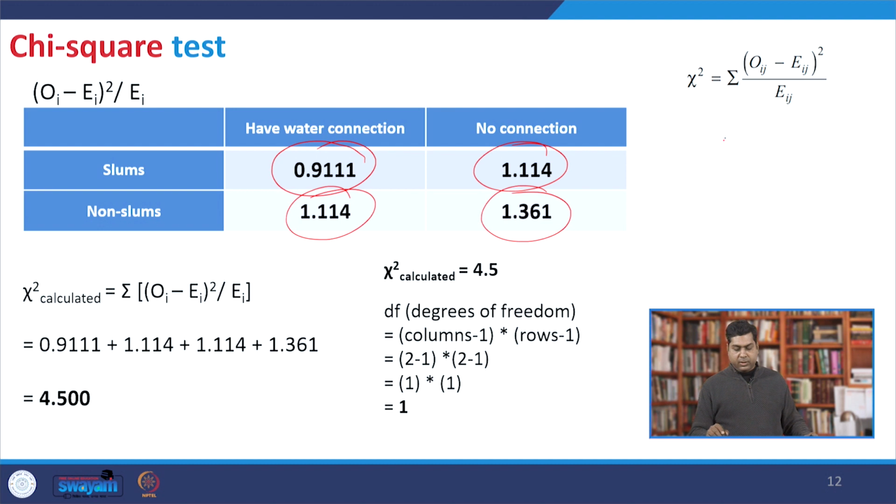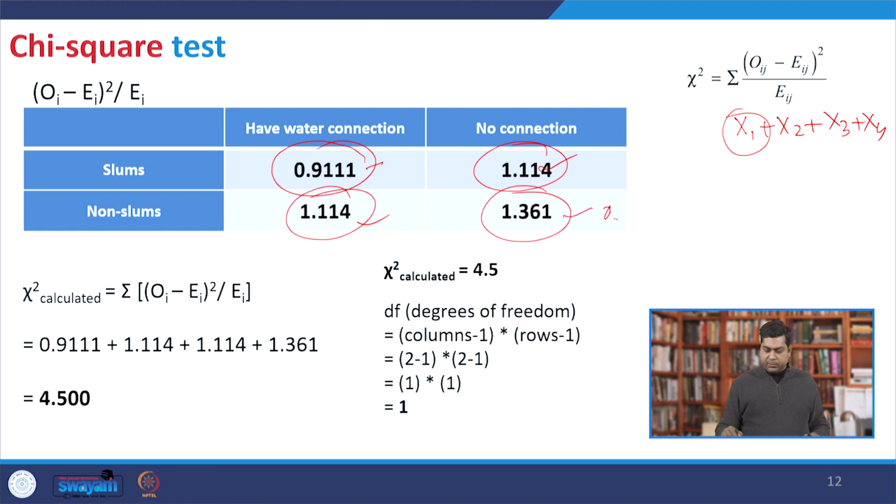So for this equation we are getting 4 values. I just represent them as x1 plus x2 plus x3 plus x4, where x1 is the result at 0.91, then x2 maybe this one, x3 this one, this is x4, and then we take the sum total and the chi-square calculated value comes to 4.5. Done. Up to that it is all okay.